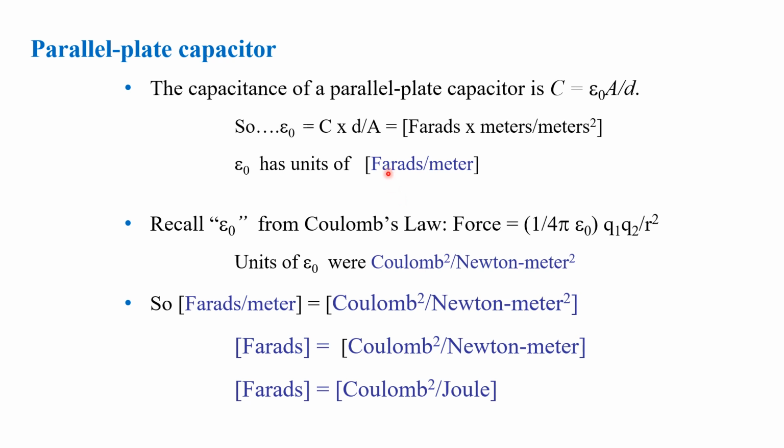Recall that epsilon naught from Coulomb's law, where force is equal to 1 over 4 pi epsilon naught times q1 times q2 over r squared, has the unit coulomb squared per newton dot meter squared. So as you can see, the farad per meter, the unit we are going to use for the parallel plate capacitor in this equation, is equal to coulomb squared per newton times meter squared.